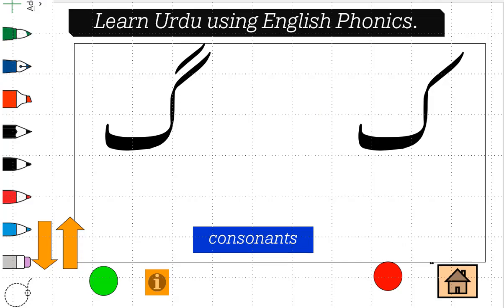Okay, I have got on my screen 2 letters of the Urdu alphabet. If you closely observe them, they almost look similar in structure, except over here we have got a boat and then a stick attached to it. The structure is something like this.